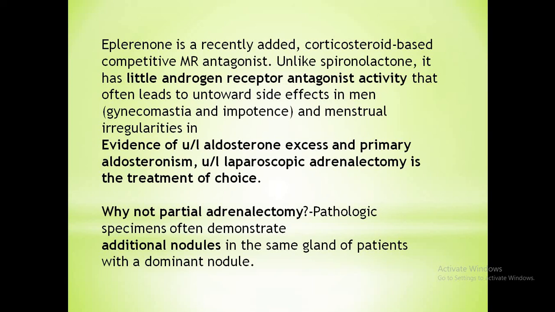So if you remove the dominant nodule, even if it's non-functional, there's a very good chance that the other nodules may become hyperfunctioning, and they could put the patient back into the previous situation. So you don't do the partial adrenalectomy because of the additional nodules, which could become hyperactive once the dominant nodule is removed.